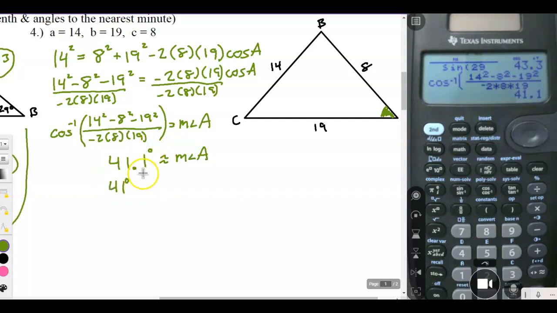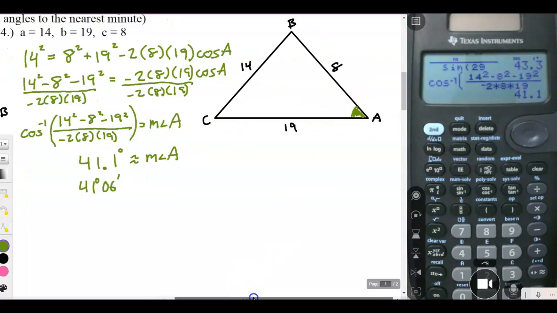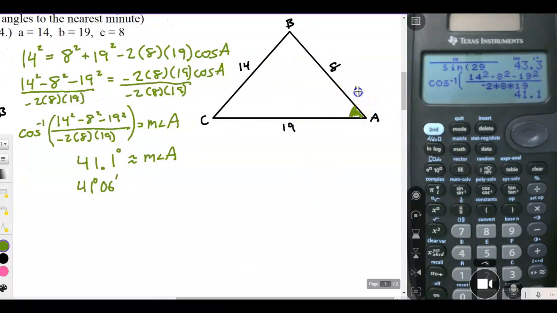How many minutes is that? Multiply the 0.1 by 60 and you get 6. So we have an answer of 41 degrees and 6 minutes. So I've got my first angle.